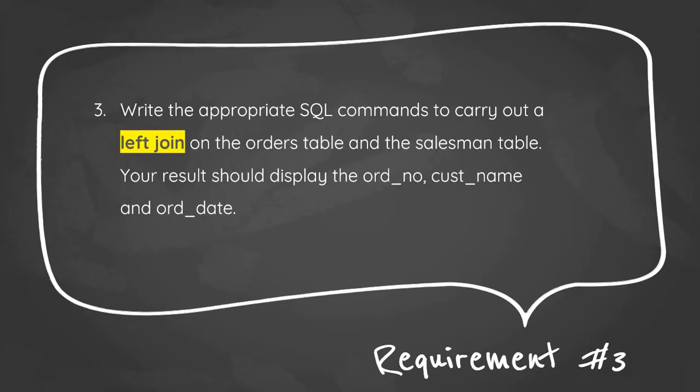All right, so next they ask us to write the appropriate SQL commands to carry out a left join on the orders table and the salesman table. Your result should display the order number, customer name, and the order date. So we need to do a left join. Again, you can imagine it's pretty much similar to your right join.